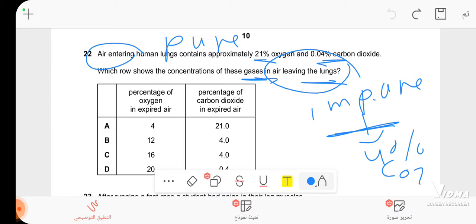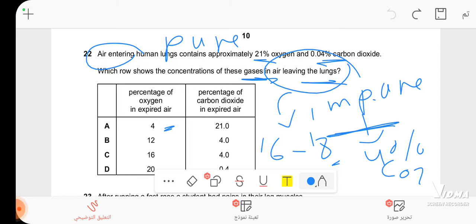The impure air, the air which is leaving the lungs. And oxygen goes from 21 to 16 or 17 or 18 according to the pollution. So the percentage of oxygen in expired air which gets out of the lung. 4, yes, 4.